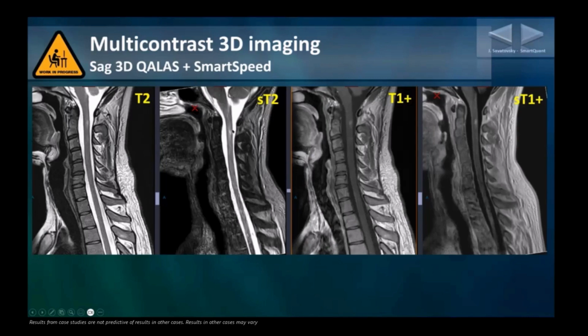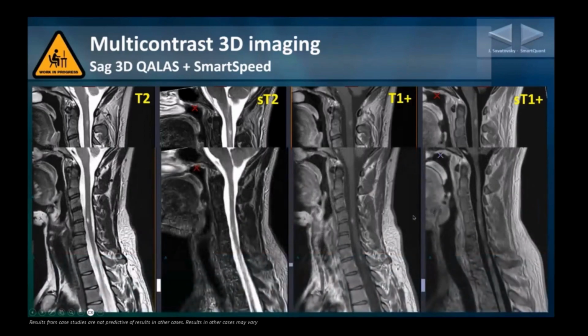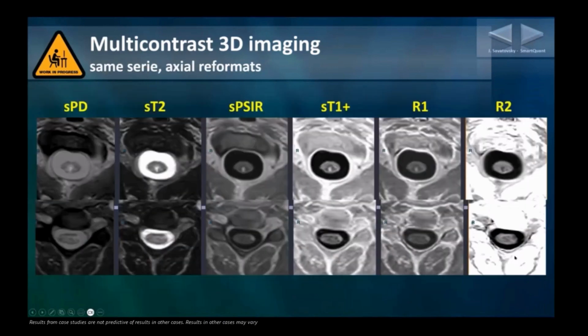And you can see that the high signal intensity lesion here is very well visible, and that you can demonstrate on the synthetic T1 post-gadolinium that it enhances as well as in the conventional T1 sequence. And you have several other lesions in order for you to see that you can depict it very well on the synthetic weighted sequences.